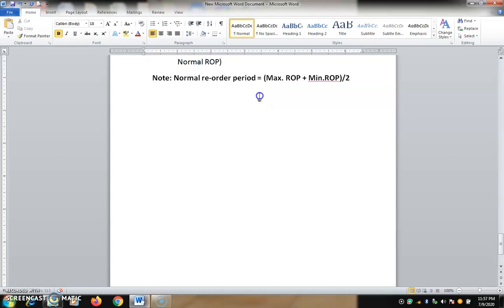Our maximum reorder period given in your problem is 6 months and minimum reorder period is given as 2 months. So if you average these two periods, you will get the normal reorder period, that is 8 by 2, you will get 4 months. So this is your normal reorder period.